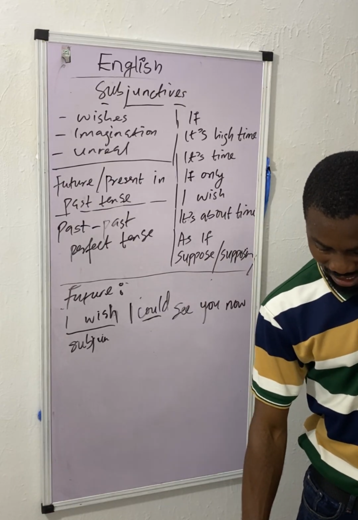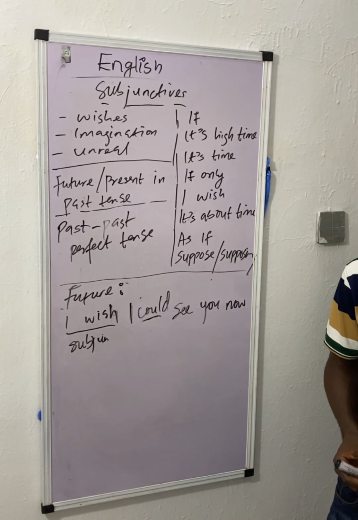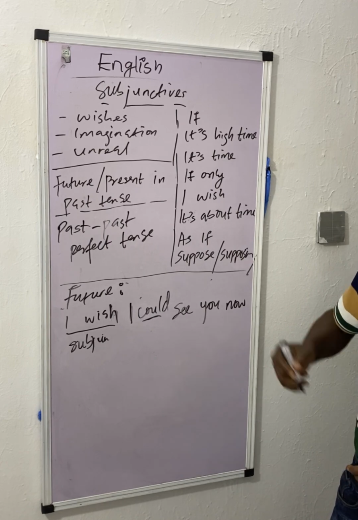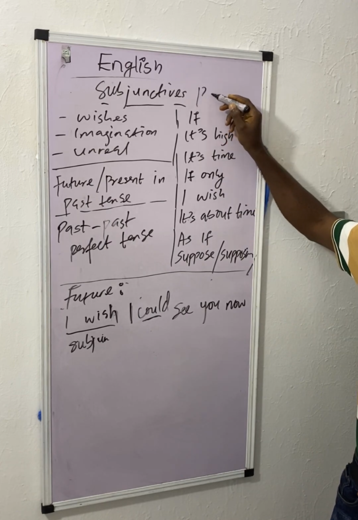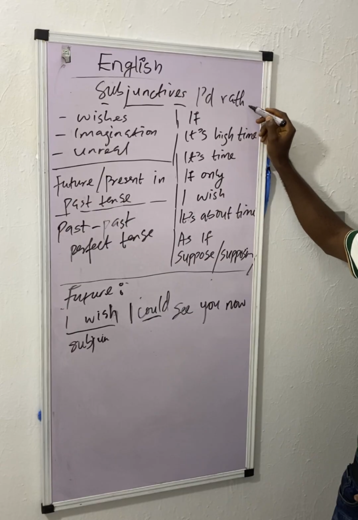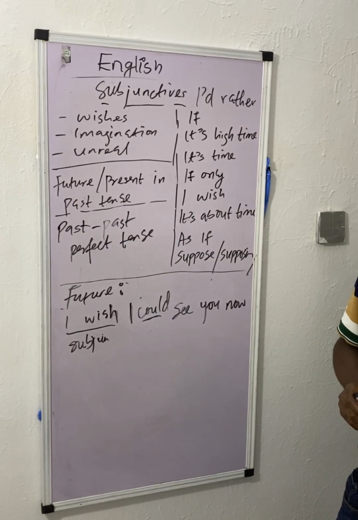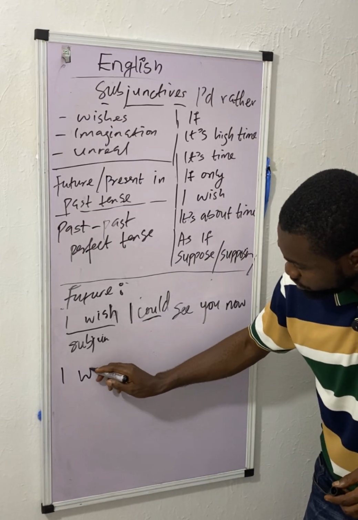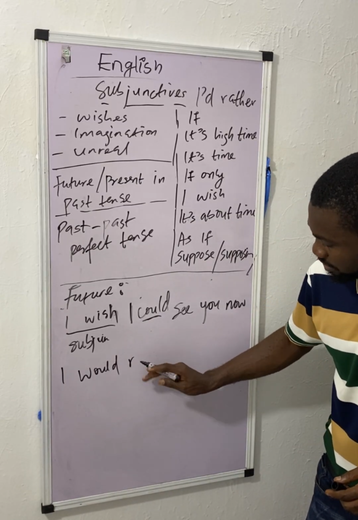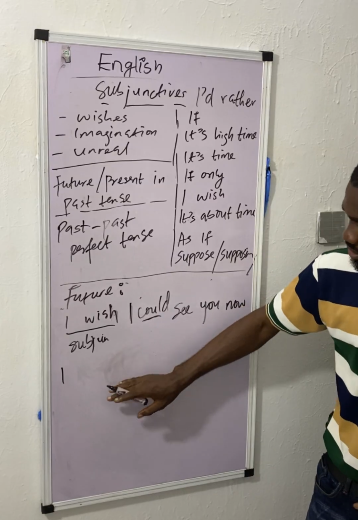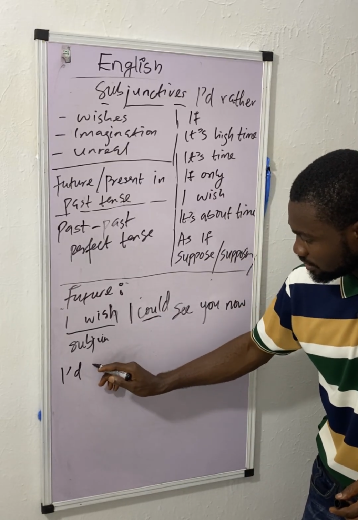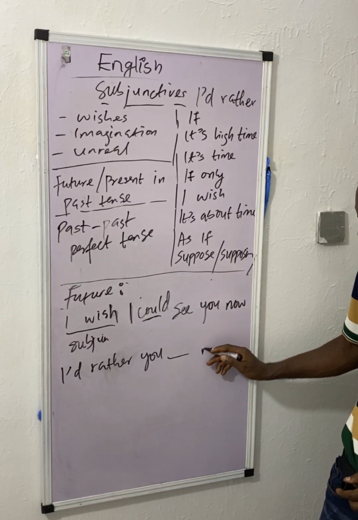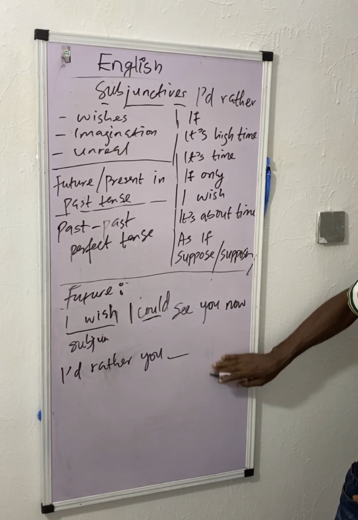We have other examples like "I would rather". I would rather is also a subjunctive. So let's say, I would rather you blank him tomorrow.